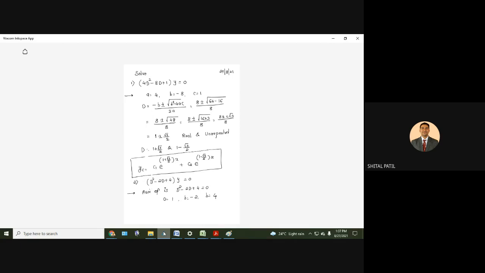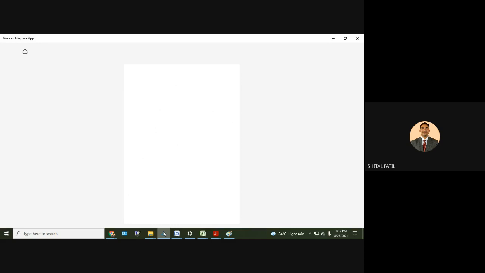So D equal to minus b plus minus, you can skip this, 4ac divided by 2a. I'll write the remaining part on the next page. Substitute the values of a, b, c: 1, minus 2, 4.